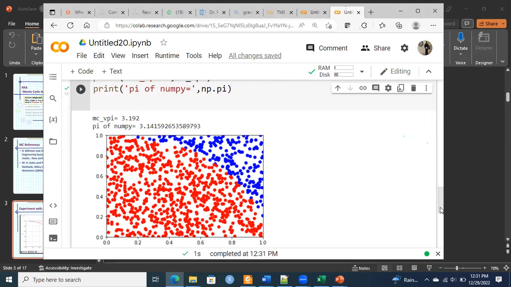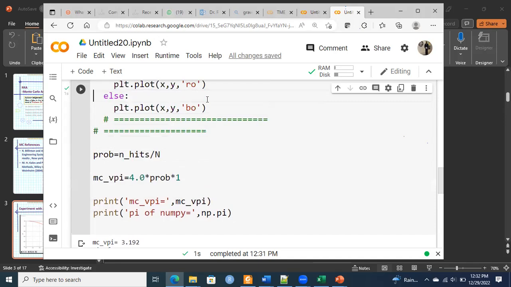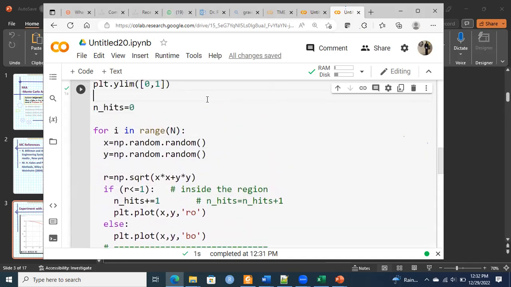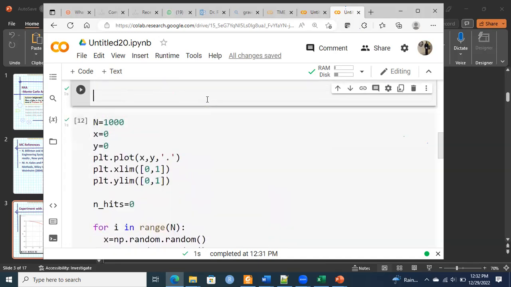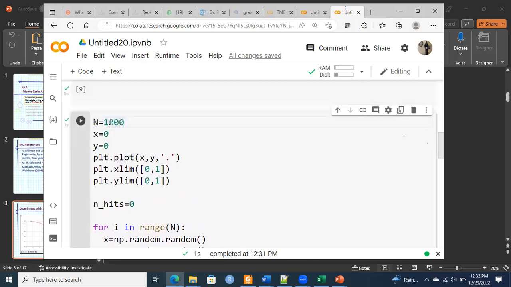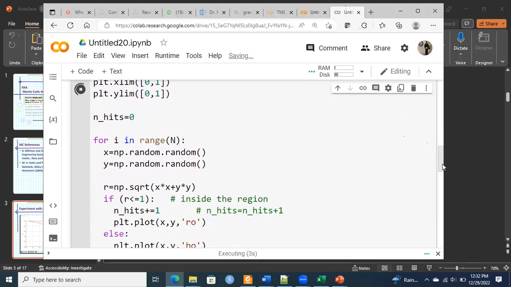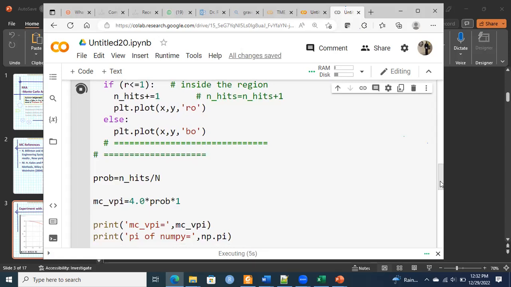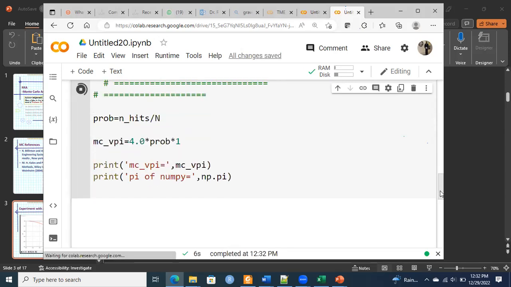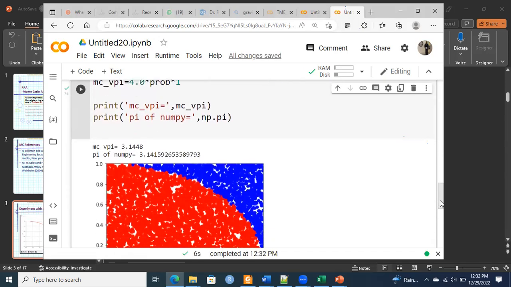Our algorithm was exactly the way you performed the experiment. Monte Carlo comes with the promise that if you increase the number of trials, say to 5,000, it will cost you time and number of calculations. But if you can afford them, I'm affording them because I'm using Google's Python.